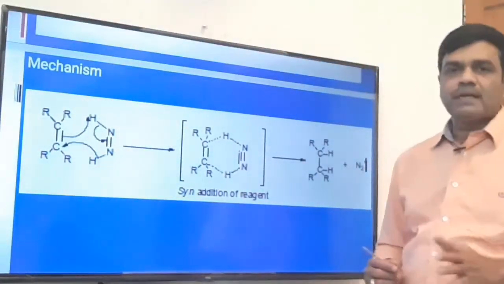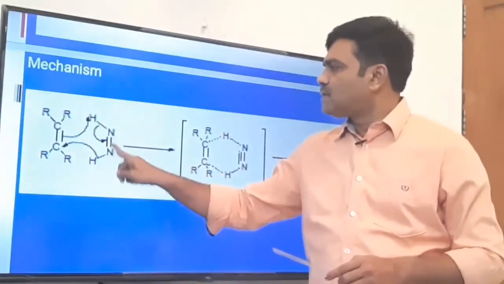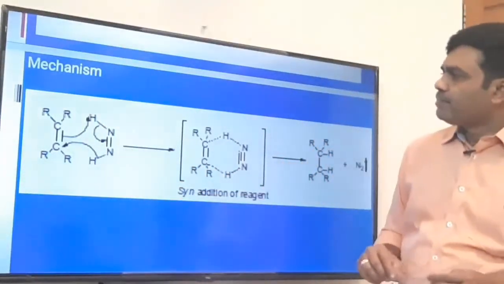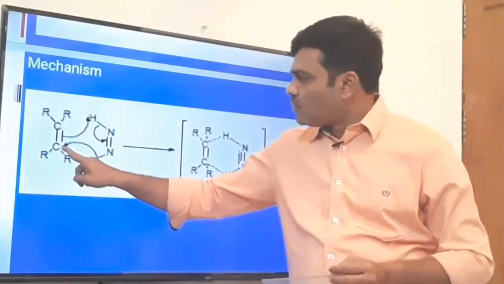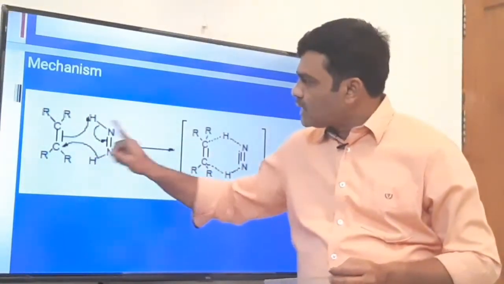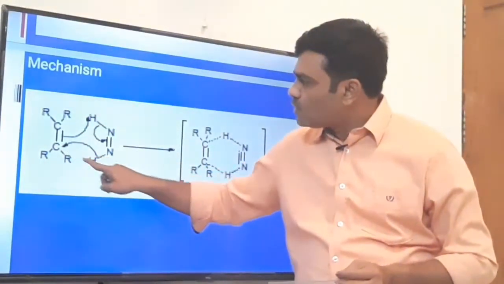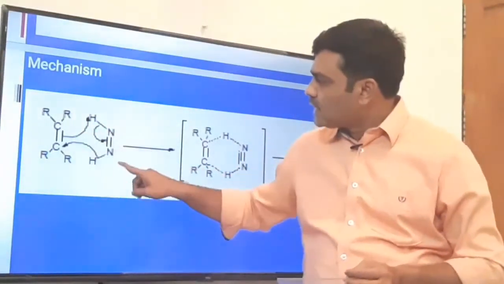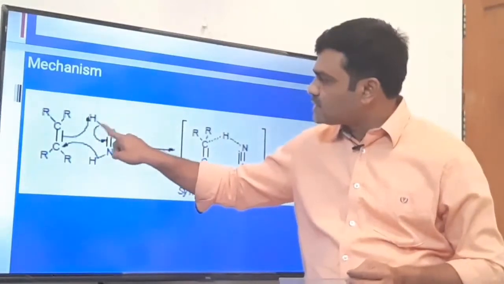The mechanism is very simple. A concerted step mechanism is there. This is NH double bond NH, that is diimide. In the concerted step, a new bond forms between this carbon and hydrogen, as well as between this carbon and hydrogen. When these new bonds are formed between carbon and hydrogen, at the same time the NH bond cleavage takes place.